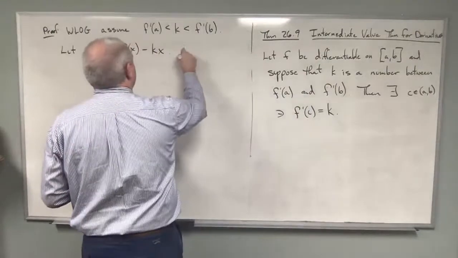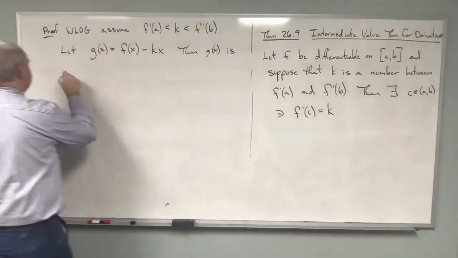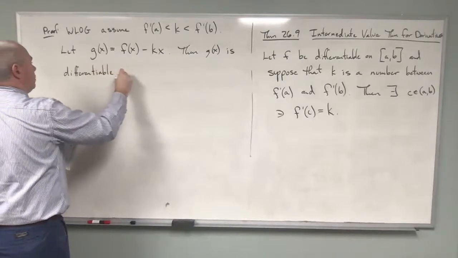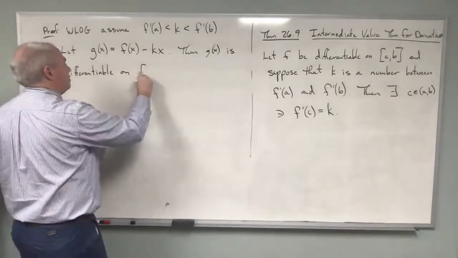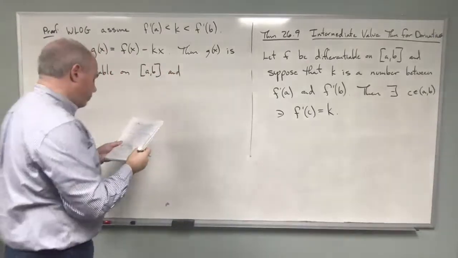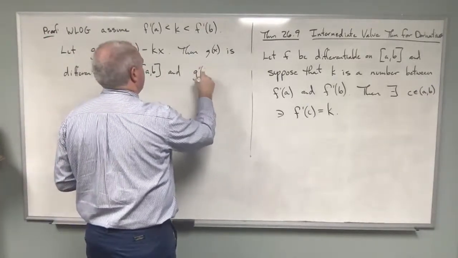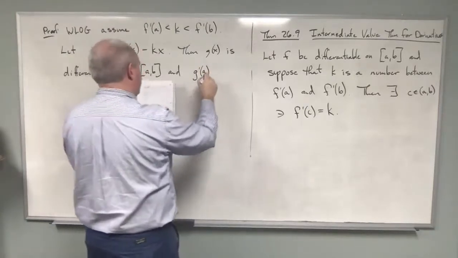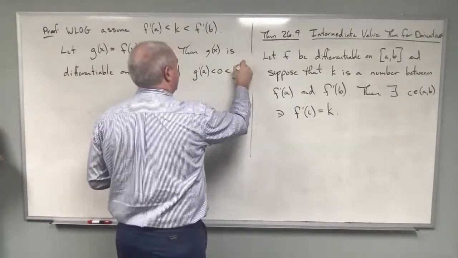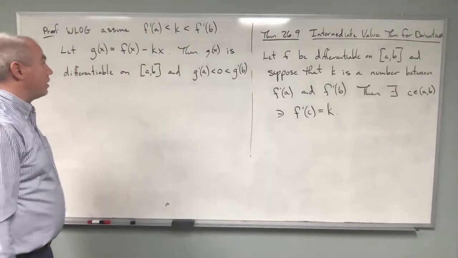Then g of x is differentiable on AB, and here's the important part, g prime of A is strictly less than 0, is strictly less than g prime of B. Now, do we buy this story?